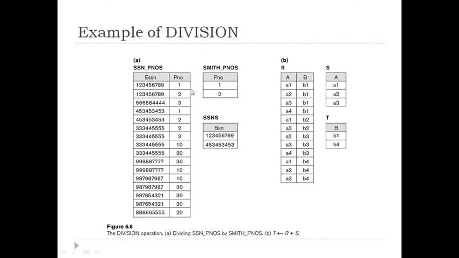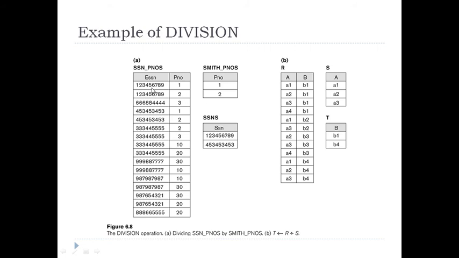Now in the result, if I do the division operation, I have to see whether employee SSN, this is the Y, the set of attributes in Y, appears with both the values 1 and 2, like that you have to check.